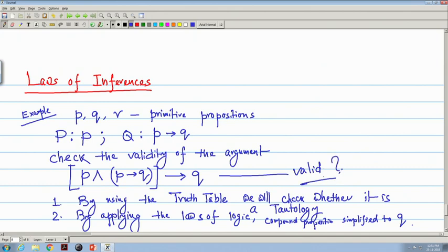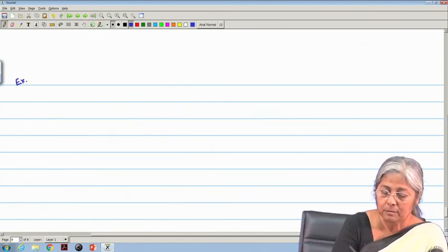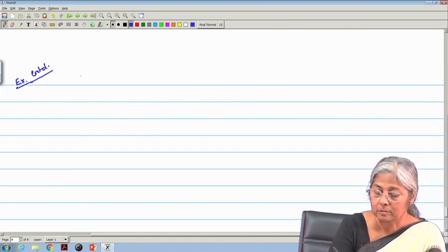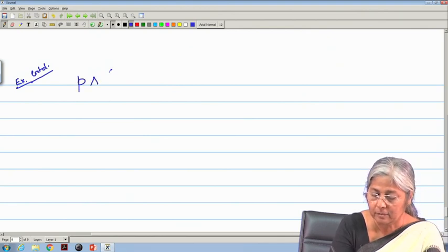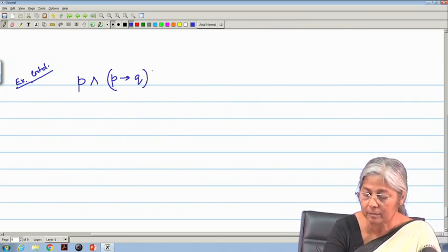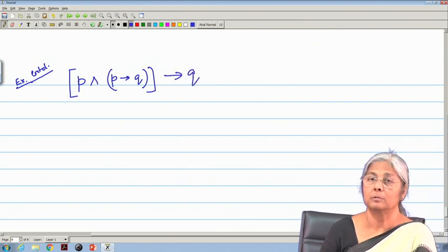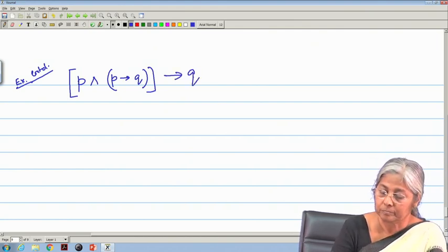Okay. So, we see the first method, the truth table. Our example continued is p and (p implies q) implies q, whether it is a tautology or not.